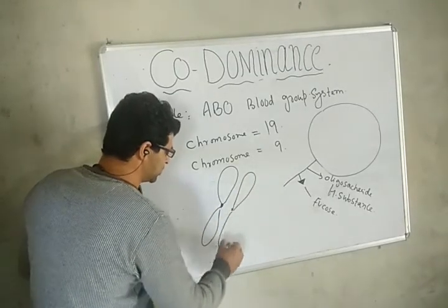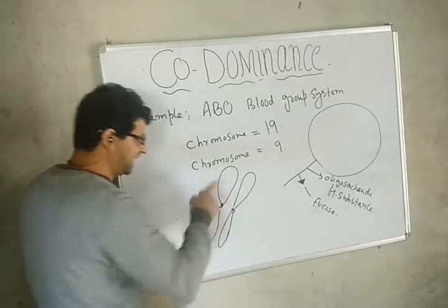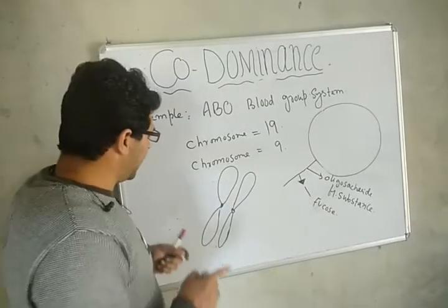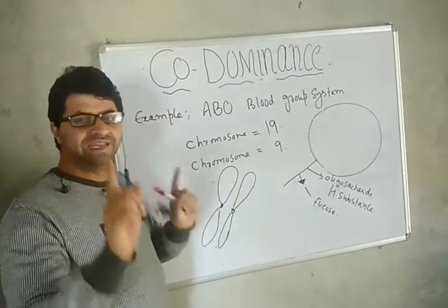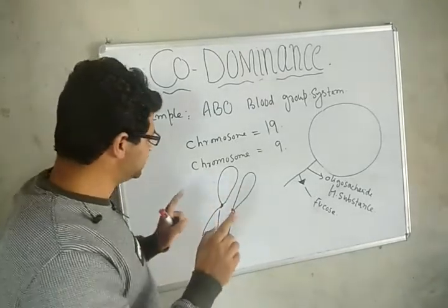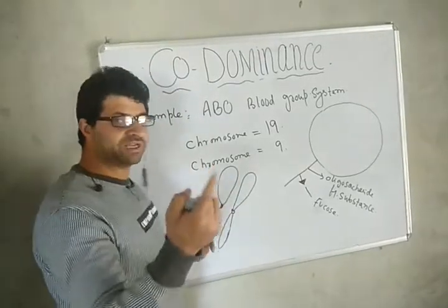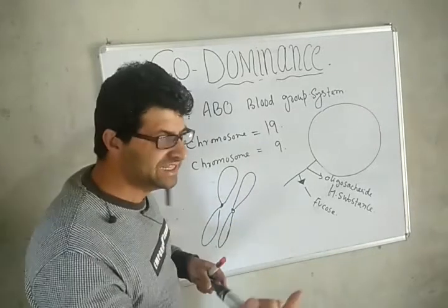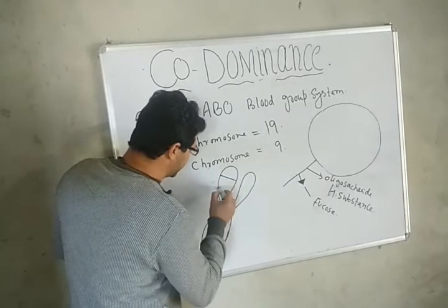It is actually the chromosome number 9 pair. There are two chromosome number 9 in the human cell, and in a single individual there will be two alleles, but in the human population there are three alleles present.